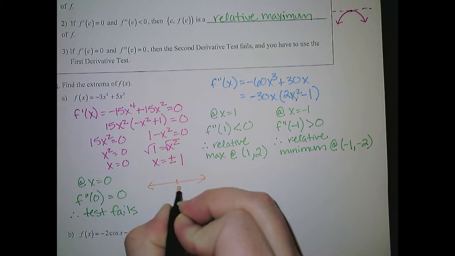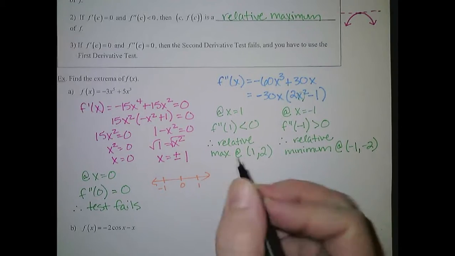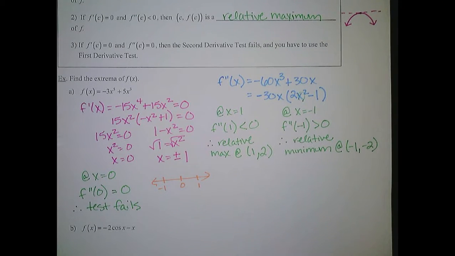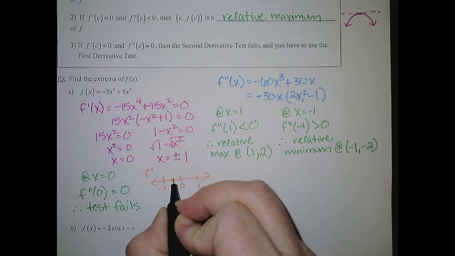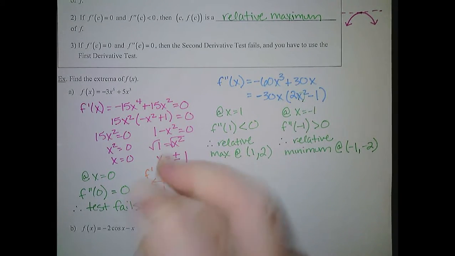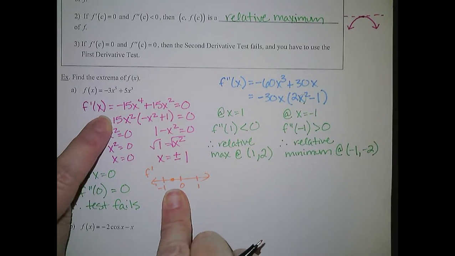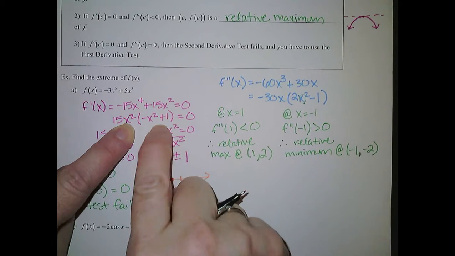So I want to look on either side of 0, but I want to make sure that I don't go past negative 1 and positive 1, because I've already determined I have a relative maximum or minimum there. So if I look at a value between 0 and negative 1, looking at my first derivative, I'm going to have a positive number times a positive number.